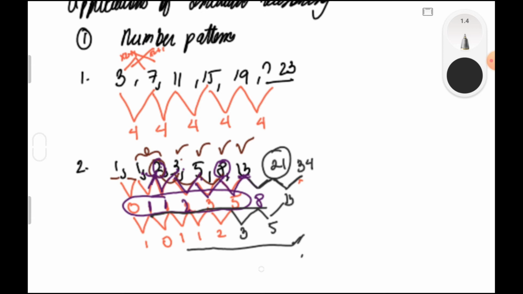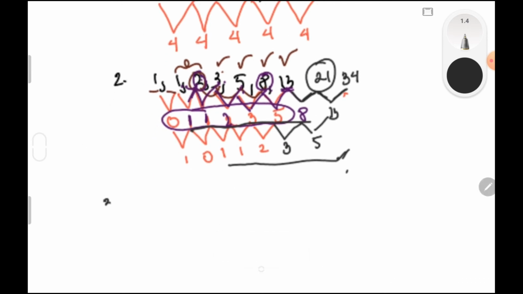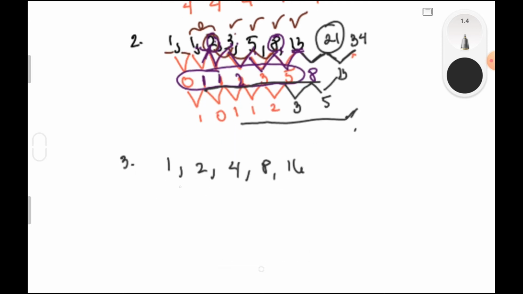Next example is yung 1, 2, 4, 8, and 16. Okay. So, ano yung probable na magiging sagot natin dito? So, 1, 2, 4, 8, 16. So, pag mag-add ako ng 1, 2. Pag mag-add ako ng 2, 4. Pag mag-add ako ng 4, magkakaroon ng 8.